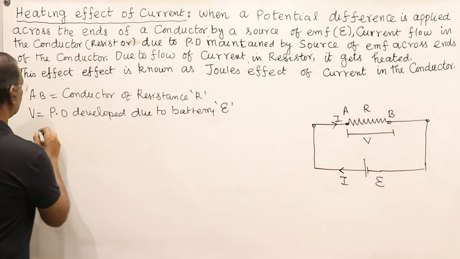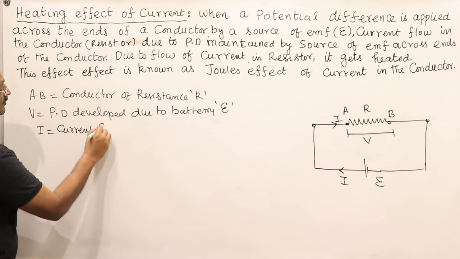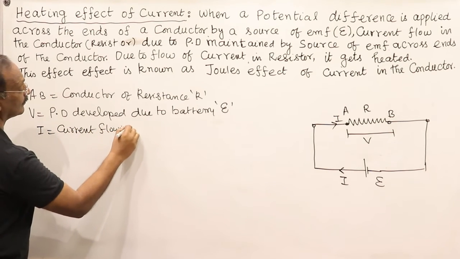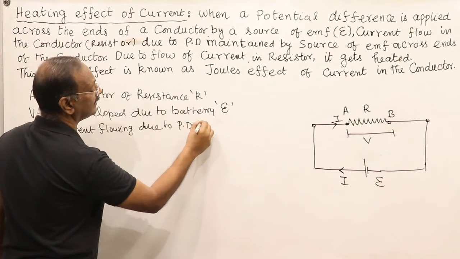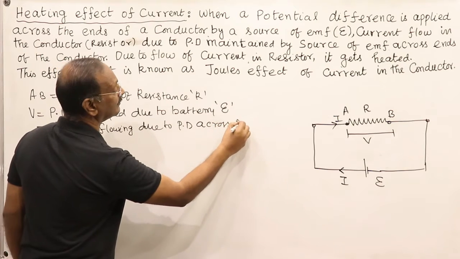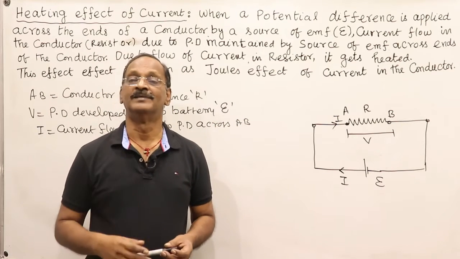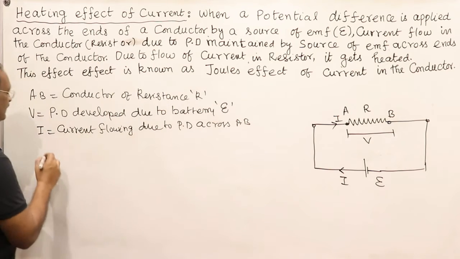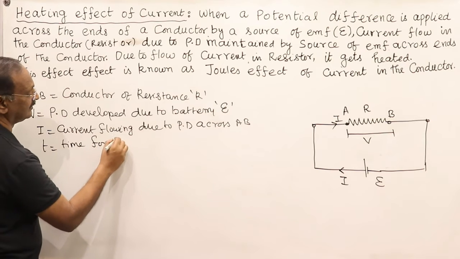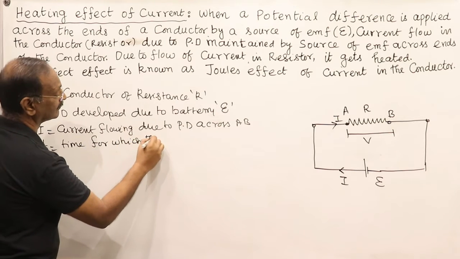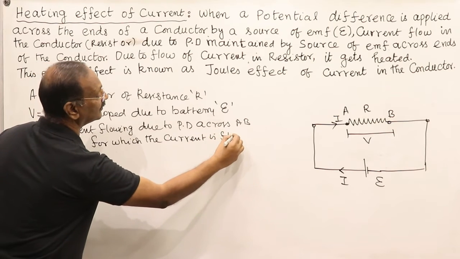I is the current flowing due to the potential difference across AB. So the current starts flowing, where I is the current flowing in the circuit. For how much time is it flowing? T is the time for which the current is flowing.